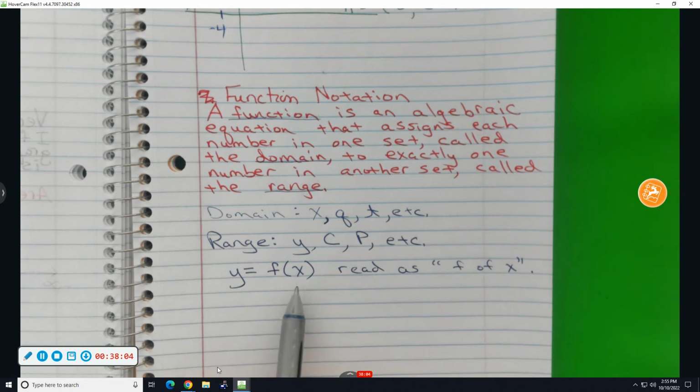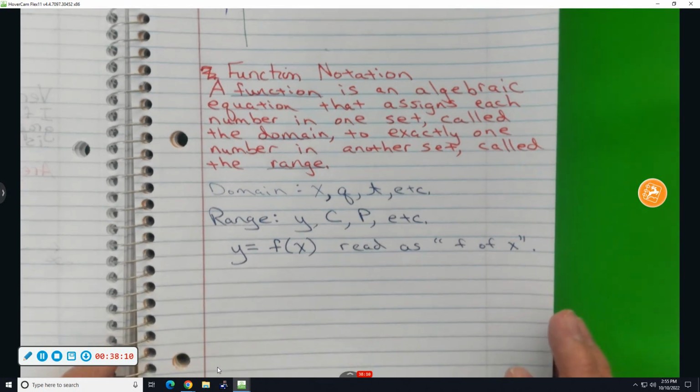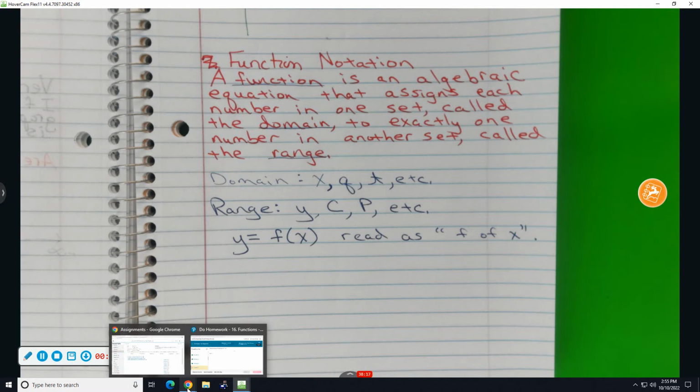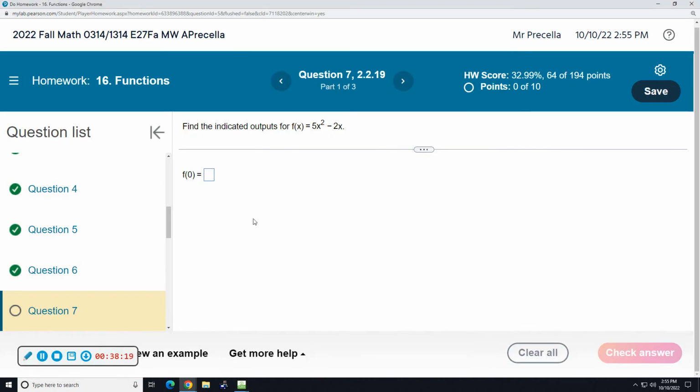This function notation gives us a very nice means of evaluating functions. If we look at what number is it, 7? Okay. Find the indicated outputs for f of x equals 5x squared minus 2x. The outputs.